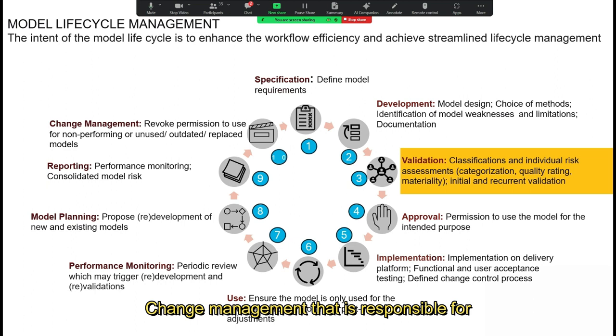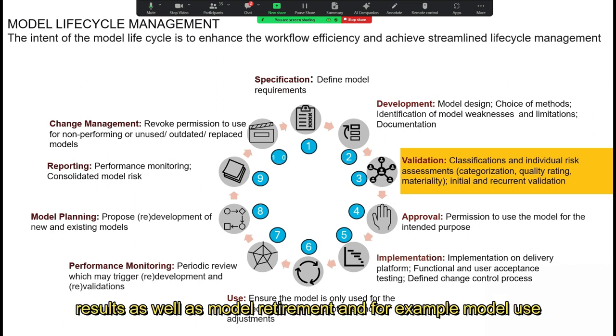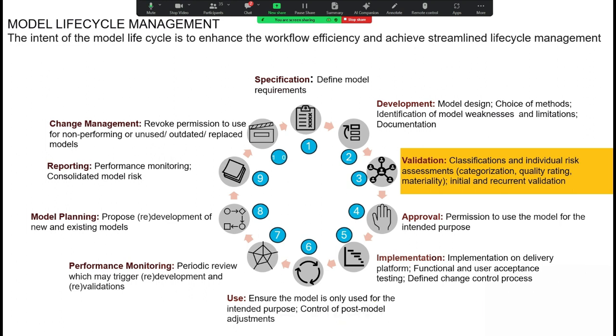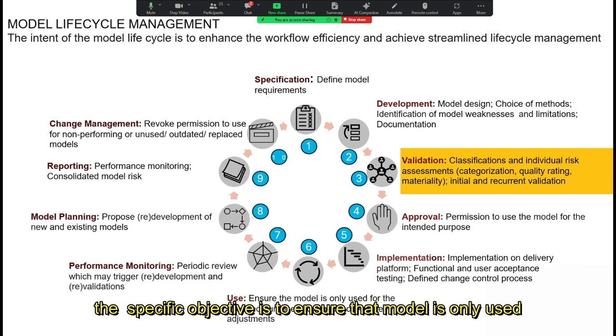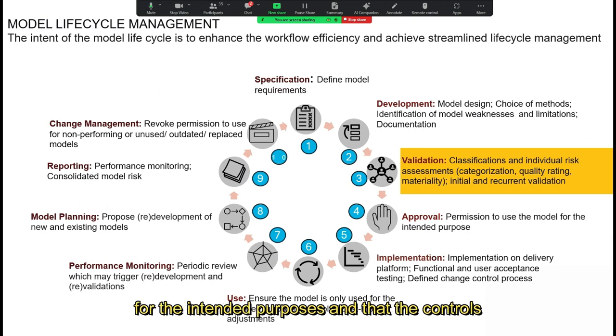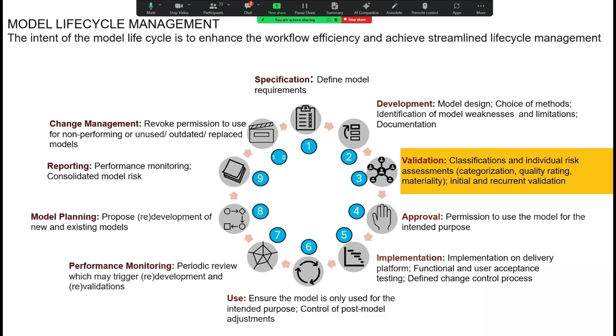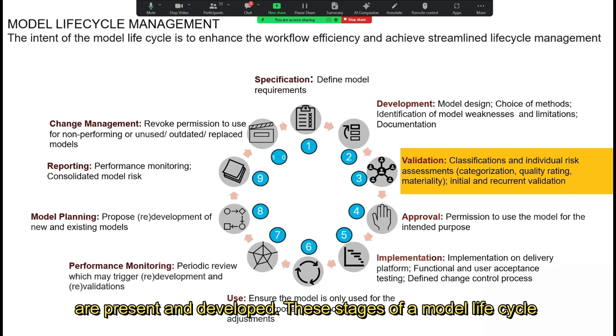Change management is responsible for updating the models on the basis of actual results, as well as model retirement. And, for example, model use has specific objectives to ensure that the model is only used for the intended purposes, and that the controls embedded within the model use process are present and developed.